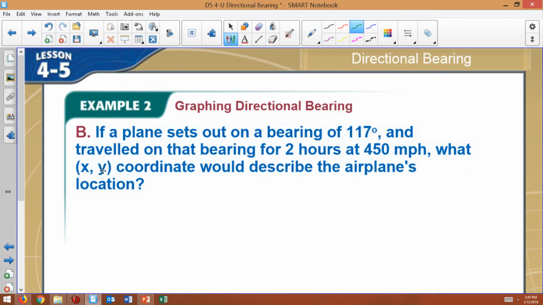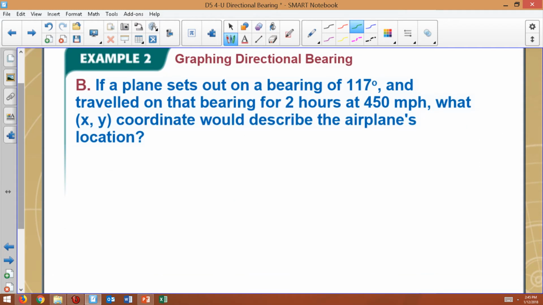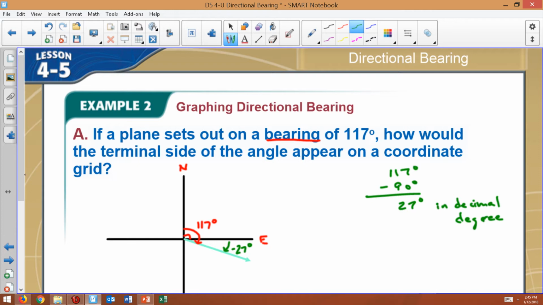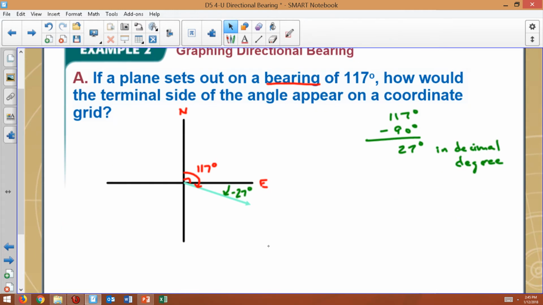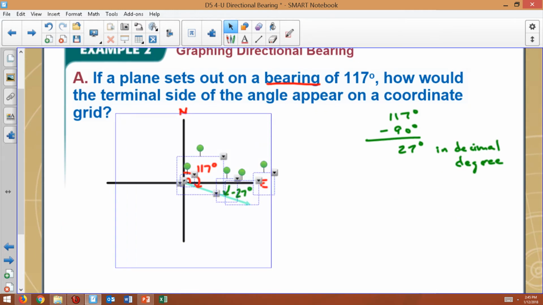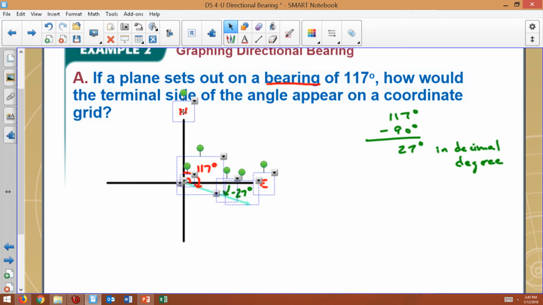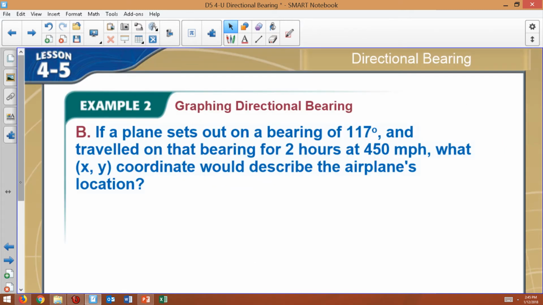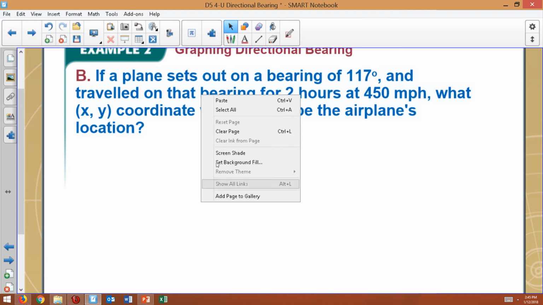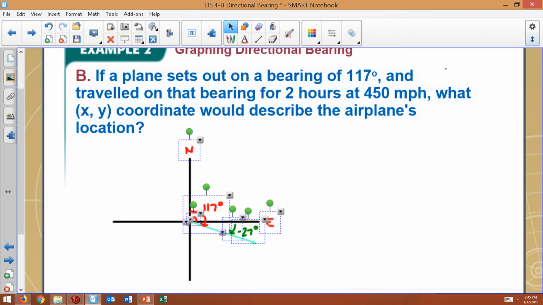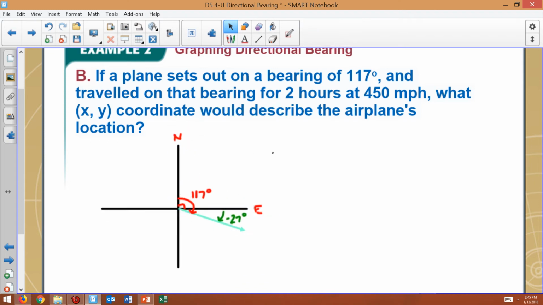So let's try another one. It says, same problem. So I'm going to go back, and I'm just going to copy this to save a little bit of time. Let's say we have all that. And now, it says if it traveled on that bearing for 2 hours at 450 miles per hour.